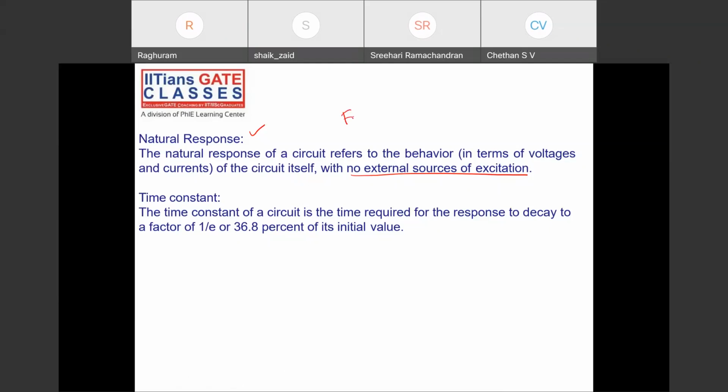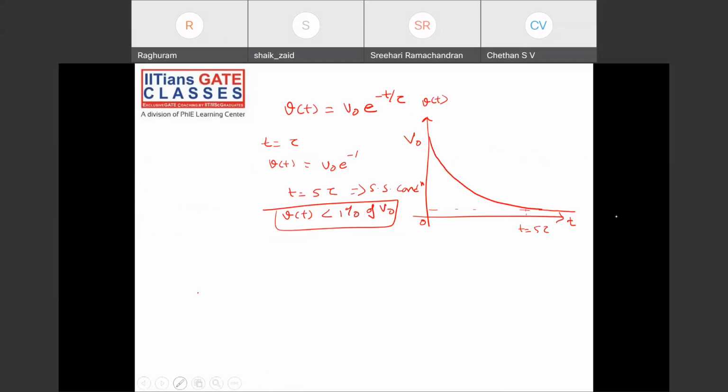There is something called forced response. What do you mean by forced response? There is an external source which defines the voltages and currents in the circuit; then it is called a forced response. For differential equations, you'll generally have two types: CF plus PI, complementary function plus particular integral, if you remember.